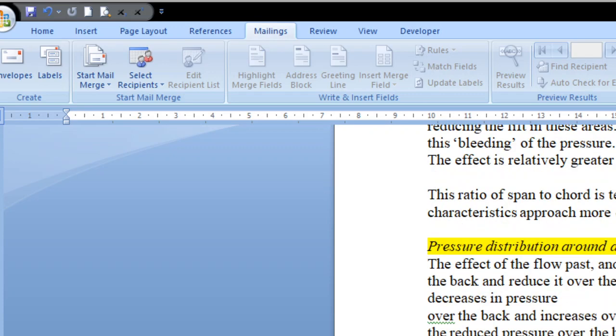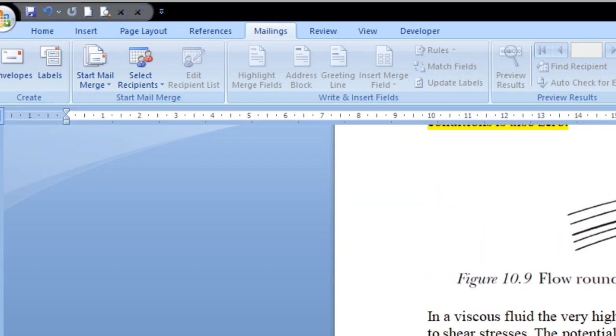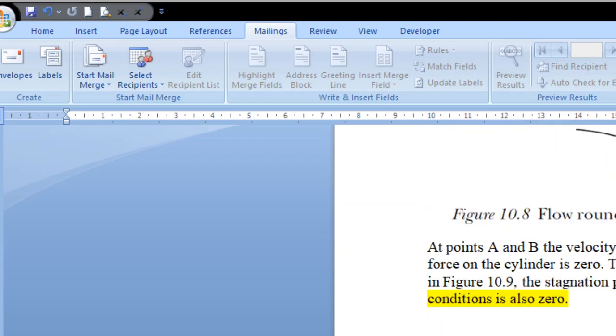I'll come to it. This will be very helpful when we are studying the blade element.